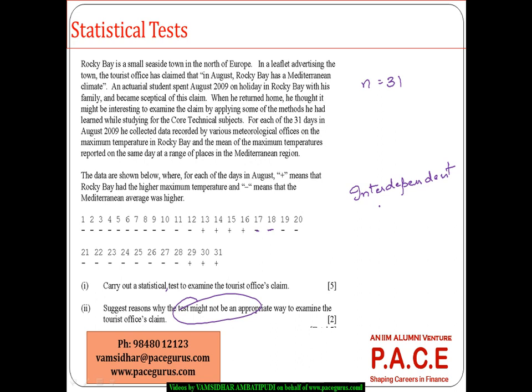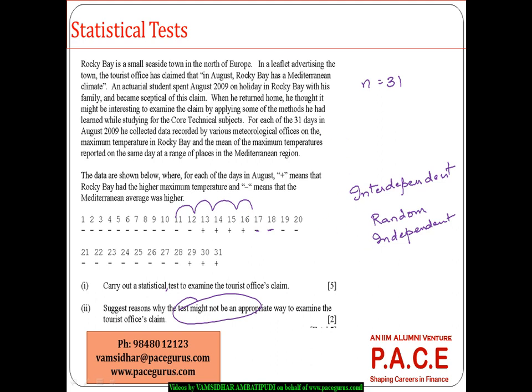Whatever was one day's value could influence the consecutive days very significantly in any location. So the number of positives and negatives are not completely random, they are not completely independent. So that's one of the prime reasons this test may be challenged quite comfortably, right?